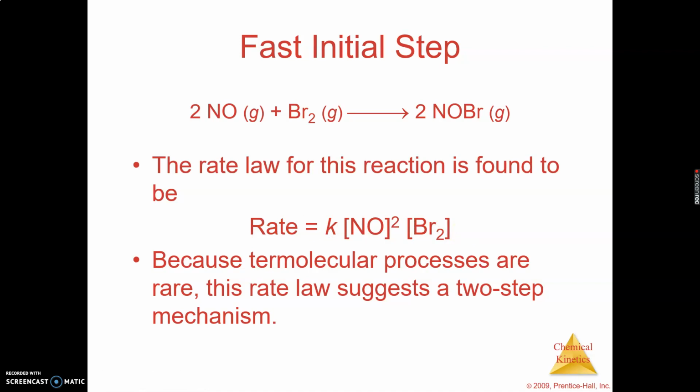How should you apply that? Practically speaking, you should just take the coefficient and make it the exponent. Take the coefficient, make it the exponent. And the only time you can do that is when the first step is fast. So the shortcut here, when your first step is fast, just use the coefficients from the balanced chemical equation as the exponents. So that's how we could find the rate law when the first step is fast.